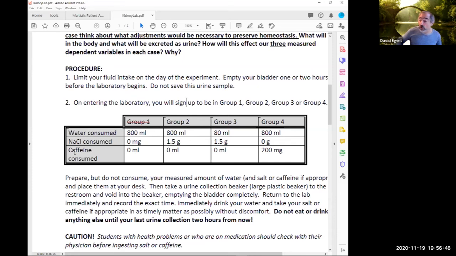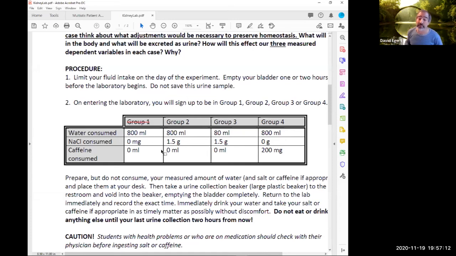And so what you want to do then is use each of these 4 groups. For each group, you want to make a prediction for our dependent variables. For each group, you want to talk about what do you expect the volume, salt concentration, and specific gravity to be like.